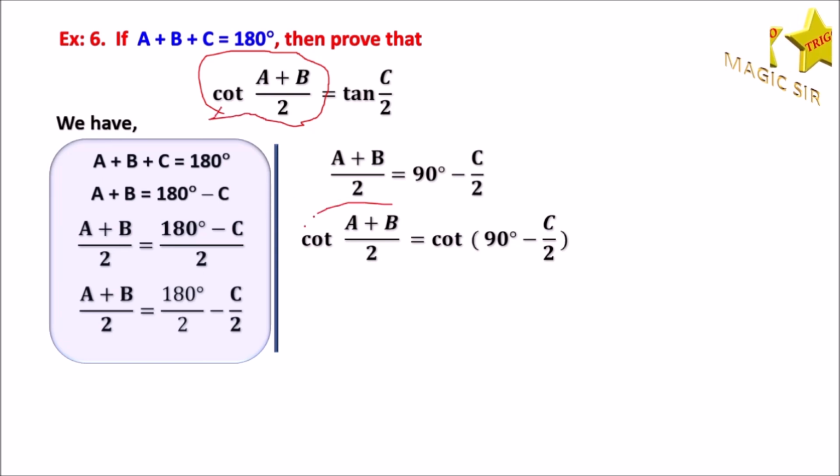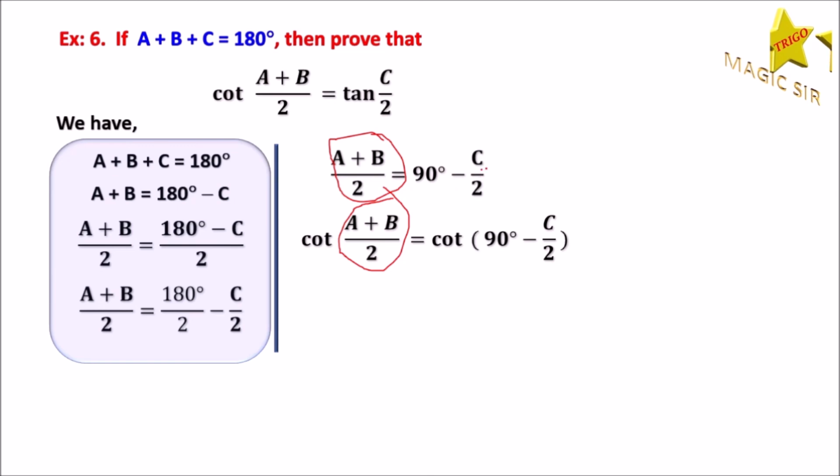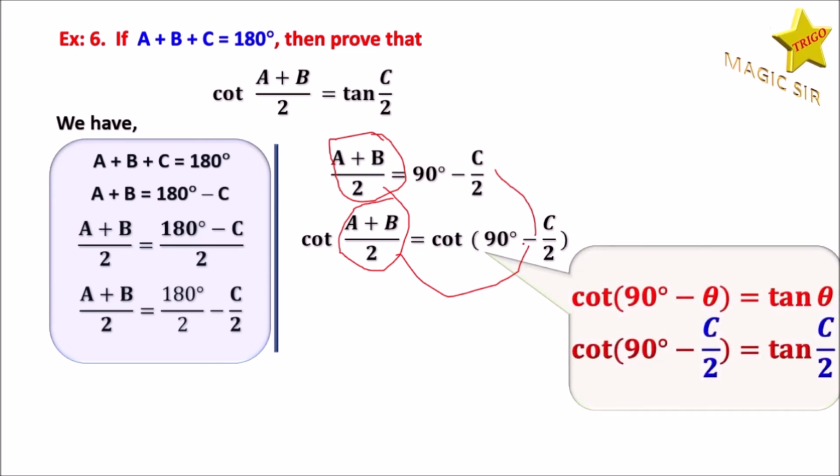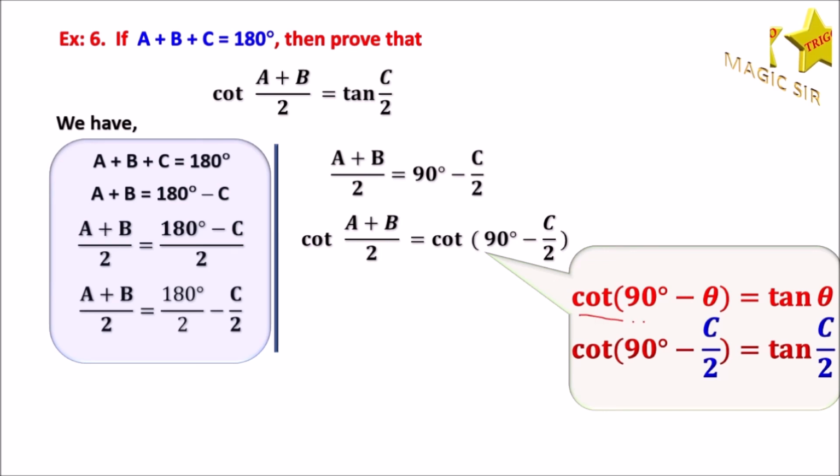Left hand side is equal to cot of A plus B upon 2. We put A plus B upon 2 is equal to 90 degrees minus C by 2. So cot of A plus B by 2 is equal to cot of 90 degrees minus C by 2. See the formula, cot 90 degrees minus theta is equal to tan theta.